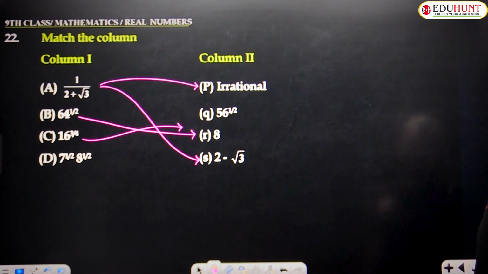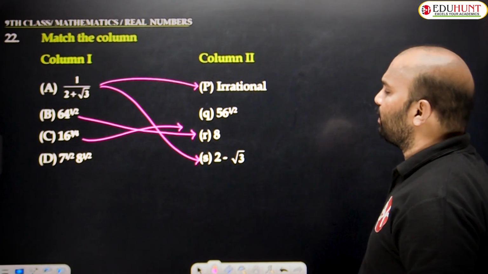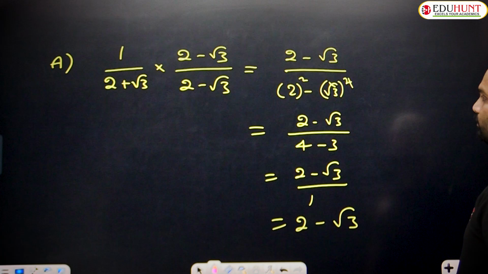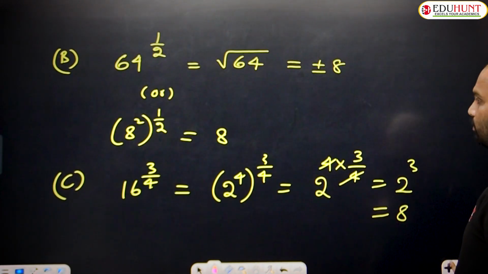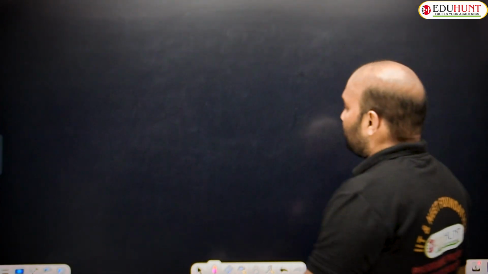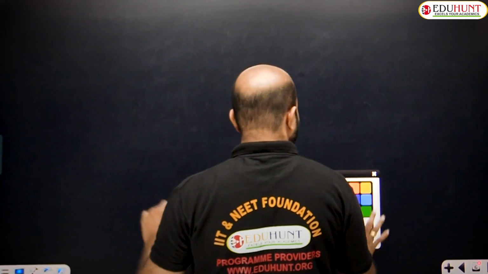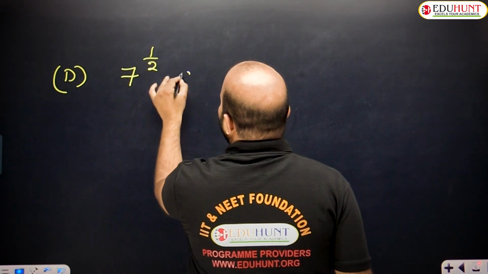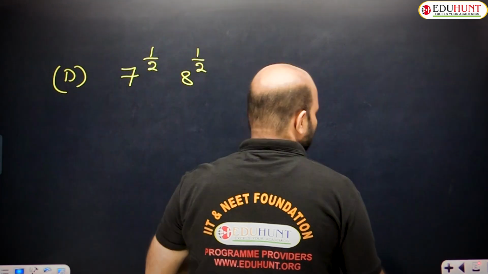So last one, D, what am I given? 7 power 1 by 2 into 8 power 1 by 2. Am I clear?